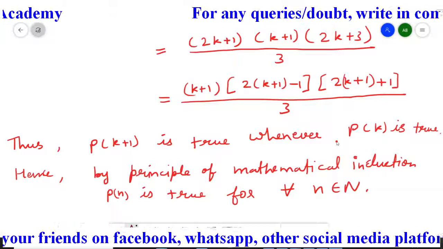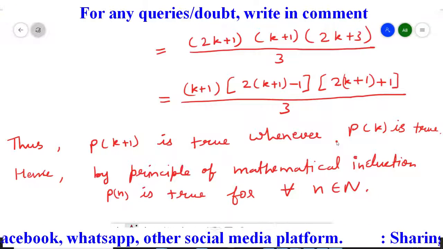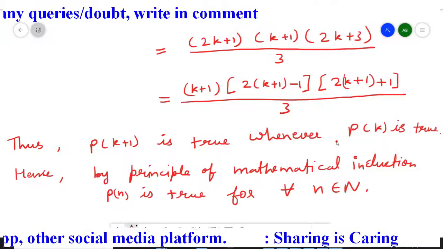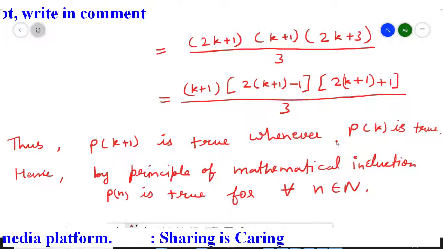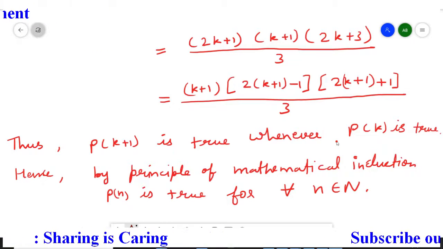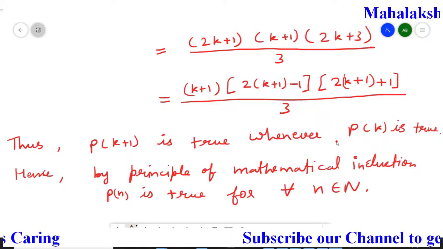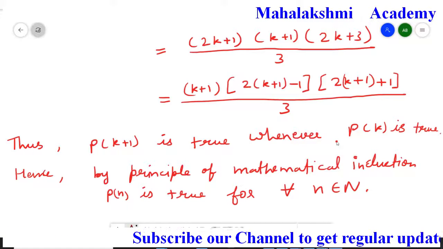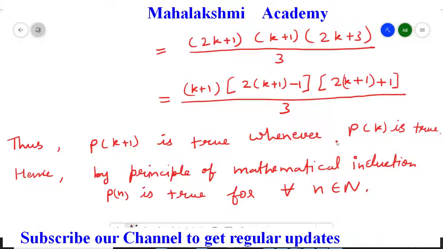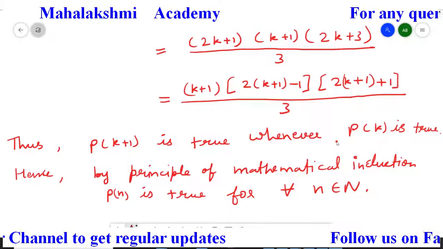So in that also, you have to arrange the right hand side in the same format as the right hand side of your mathematical statement which is available in the question. So if you are able to complete all these 3 steps successfully, then we can say that the mathematical statement is true for all the natural numbers.